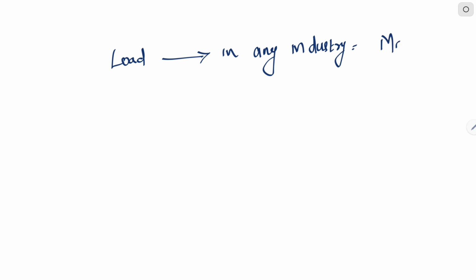During the last class, we understood that the majority of the load in any industry will be motors.